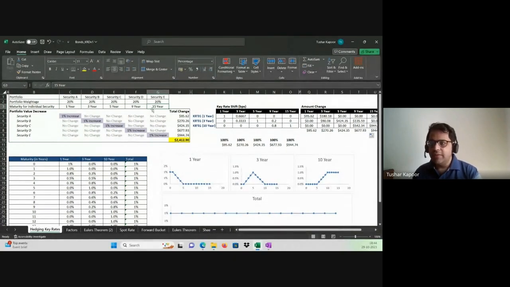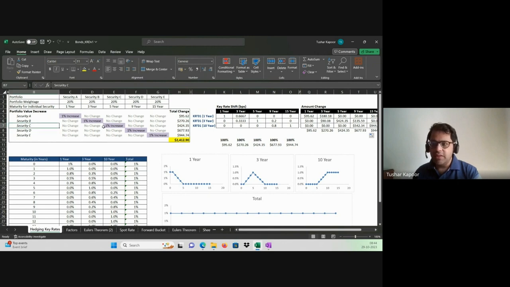Now, the point that we want to make is if I increase this by 1% for security A, the impact that I have right now is 95.62, right? Because I'm just changing my one key rate here at 1%. Similarly, if I do it for a 3-year period at 1%, what do I get? 270.26.